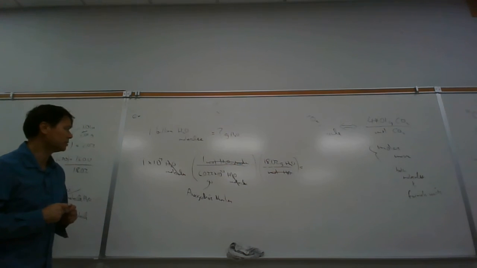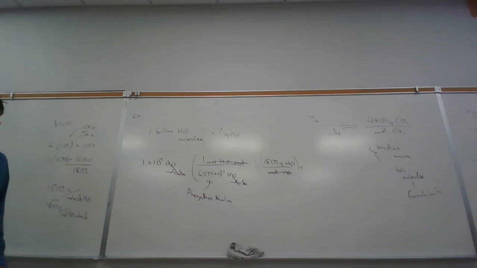So how many grams is a billion water molecules? How much does that weigh in grams? So I'll say 1 times 10 to the 9th divided by 6.022 times 10 to the 23rd times 18.02.